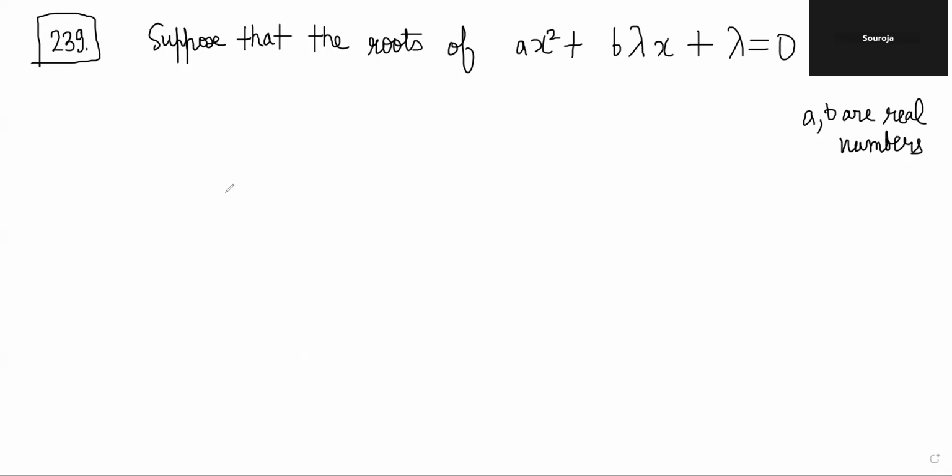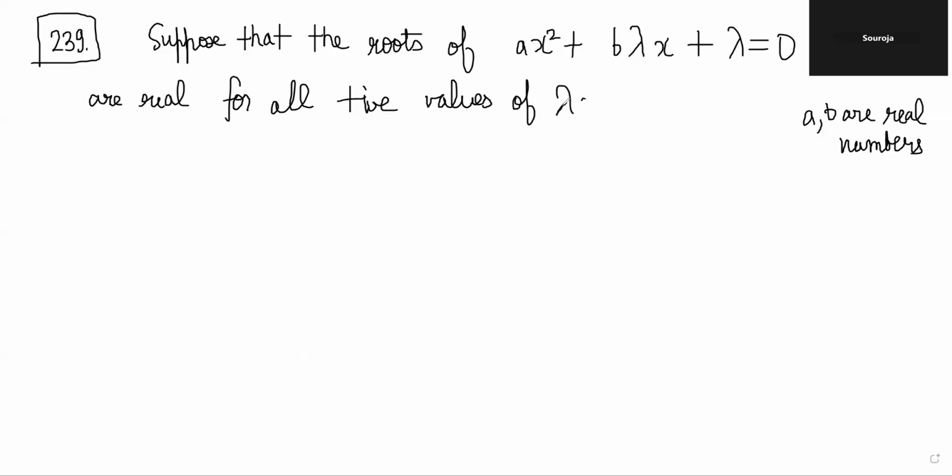Yeah. a and b are real numbers. The roots of this equation, the question is saying, are real for all positive values of lambda. Correct? Yeah. Then the question is asking us to find an inequality or look at the options and figure out what is correct, right?